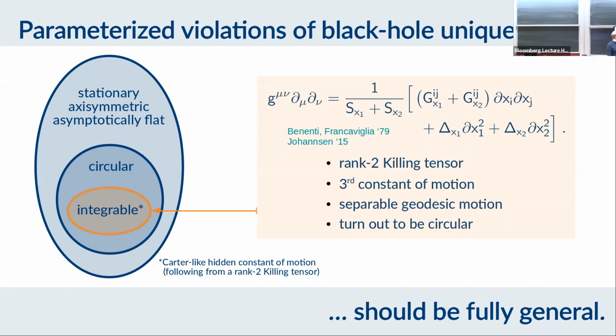So you can think of x1 being the radial coordinate and x2 being the theta coordinate, so the non-Killing coordinates. And these functions only depend on one of them. That's what makes this the most restrictive class. As I said, it has a hidden constant of motion, and you can integrate your geodesics, and it turns out to be a subclass of the larger circular class.